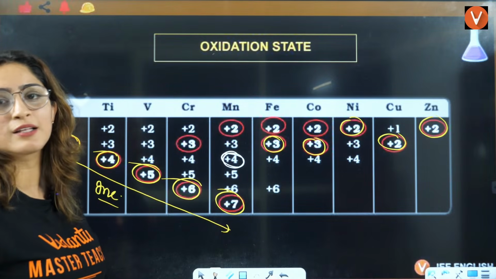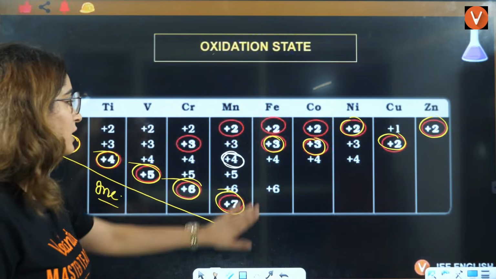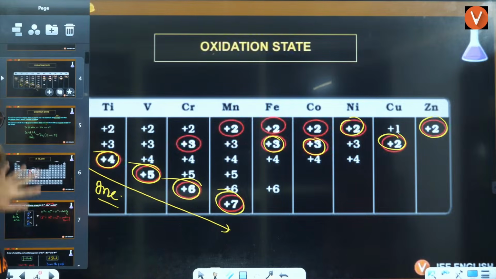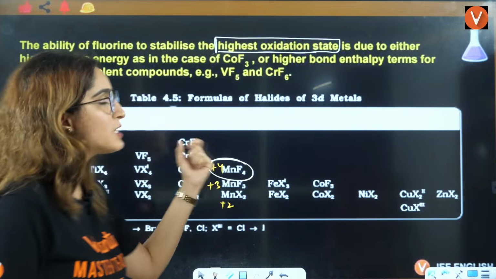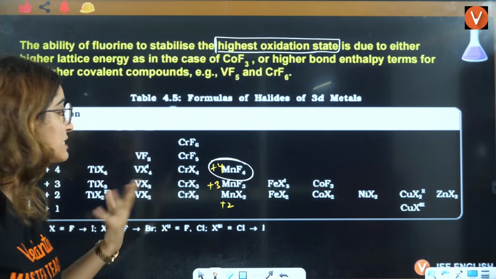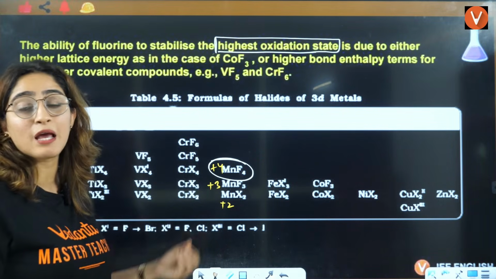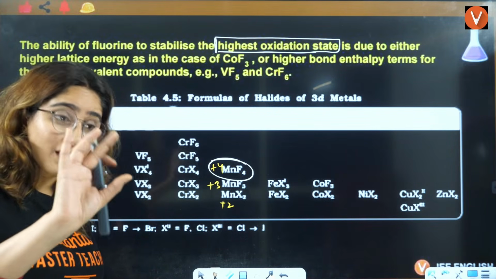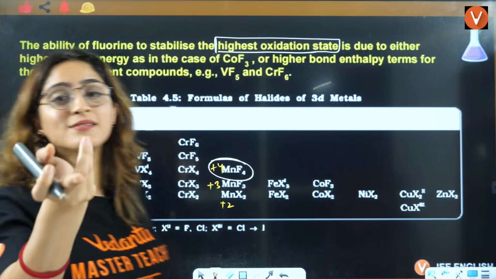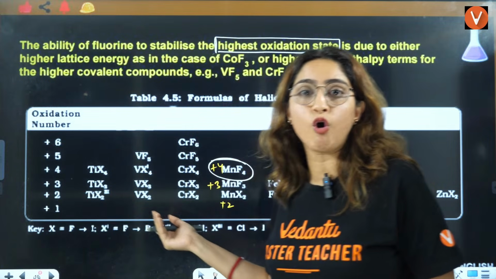It was not under the category of a stable oxidation state. But fluorine is able to make a bond with manganese in the +4 oxidation state. In the same way with chromium, it makes the +5 and +6 oxidation states. We know that with chromium +3 is stable, but still it is able to make compounds in higher oxidation states.